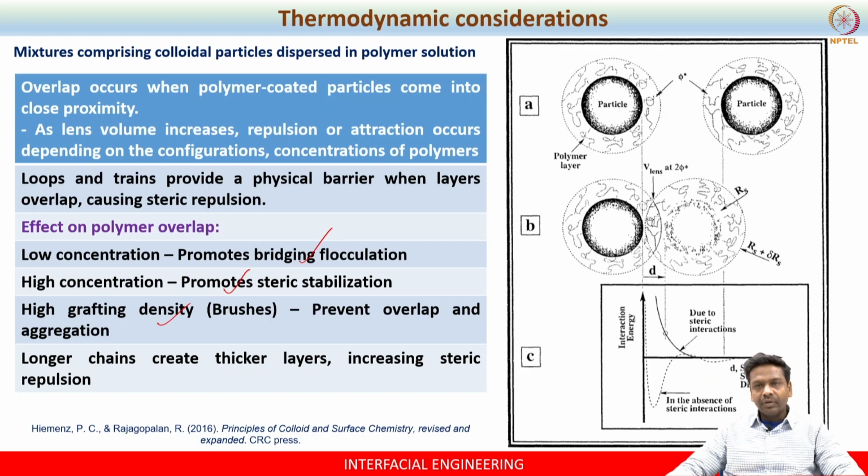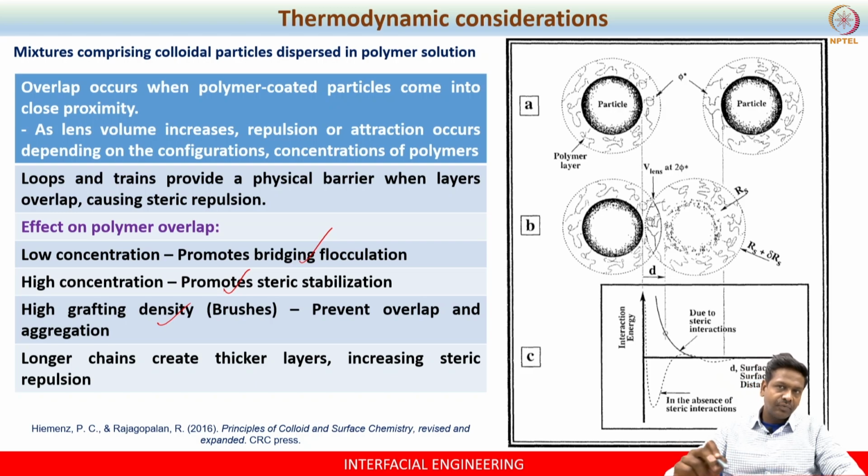If the concentration of the polymer segments on the surface is good, we expect good stabilization due to steric hindrance. Whereas if the concentration is too low, we expect bridging flocculation. Sometimes you can also tune the bridging flocculation by increasing the steric repulsion, by tuning the molecular weight of the polymer.